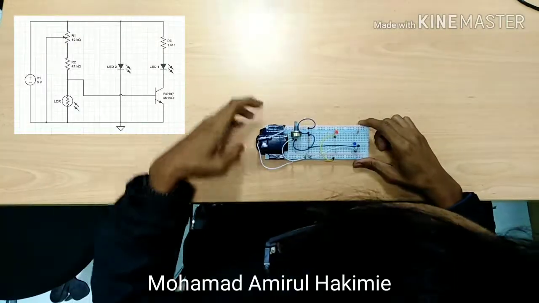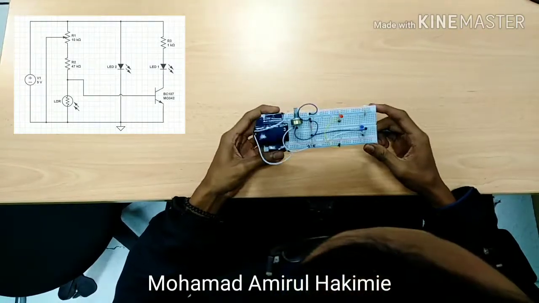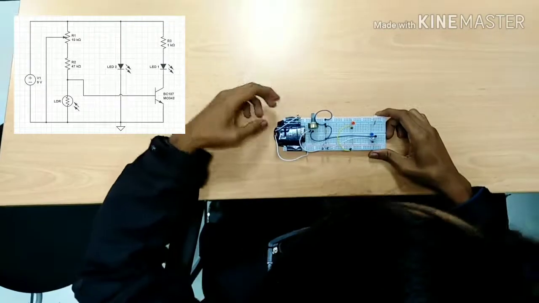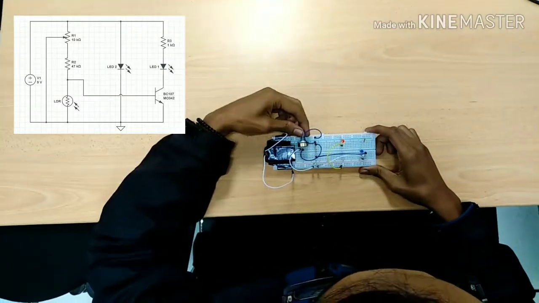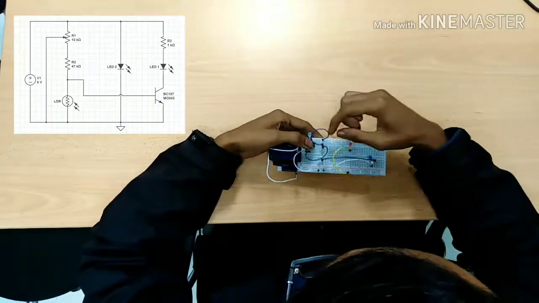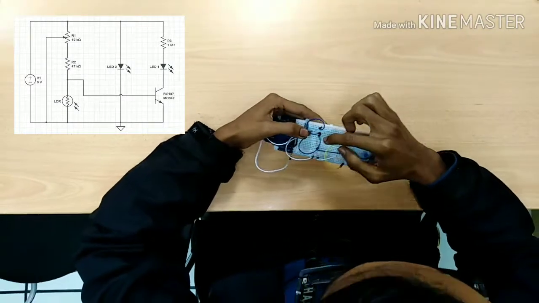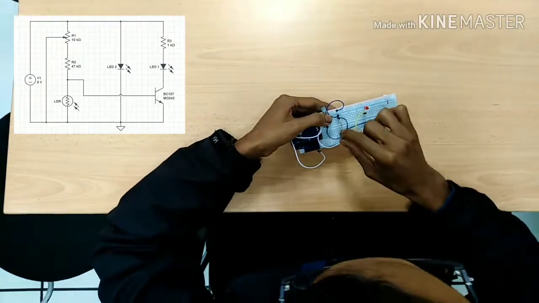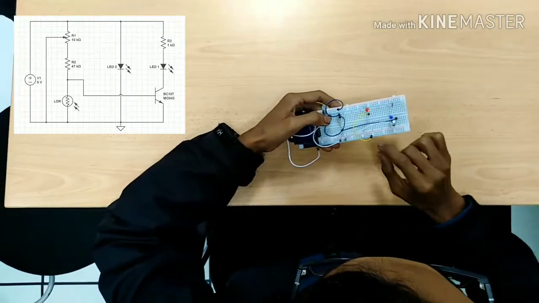I'm Hakimi. Now I will show you how I constructed this project based on the circuit given. From here you can see this is our 9V battery. This is our 10K potentiometer. This is a 47K resistor alongside the LDR, with another leg connected to the negative.